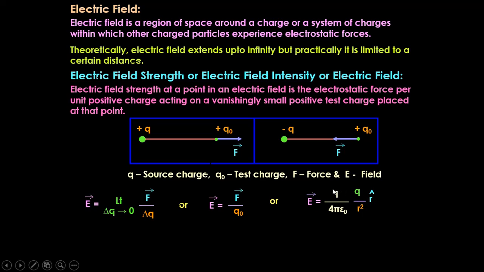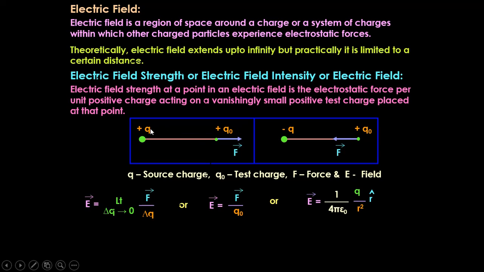It is almost similar to the electrostatic force between two charges. Suppose there are two charges, Q1 and Q2, with a distance R between them. How do you write the electric force using Coulomb's law? F equal to 1 upon 4 pi epsilon naught, Q1 Q2 upon R square. In the same way, electric field is nothing but electric force only when you take this Q naught as a unit positive charge, with value equal to 1.